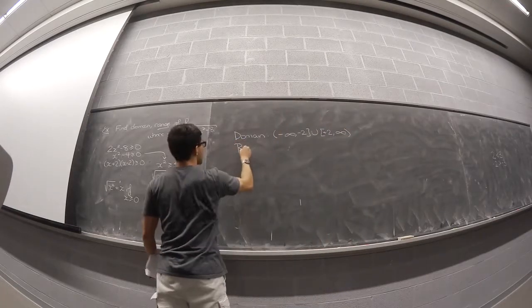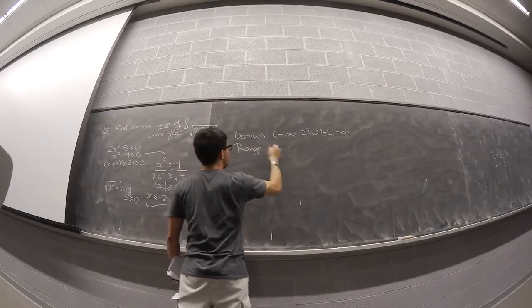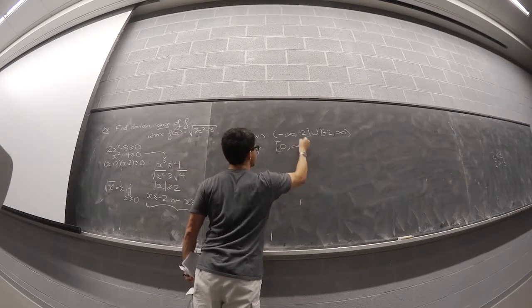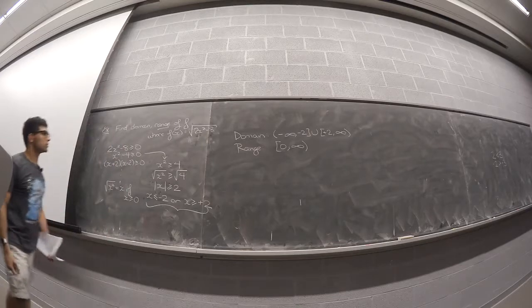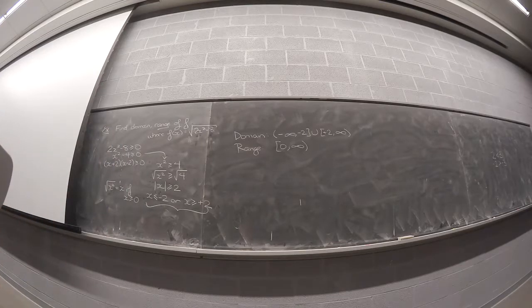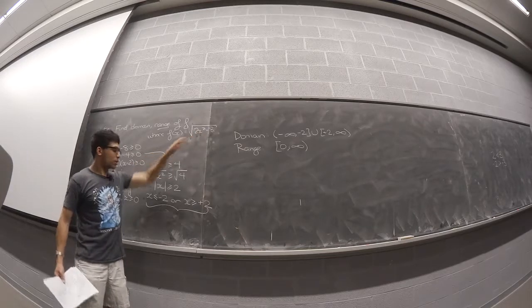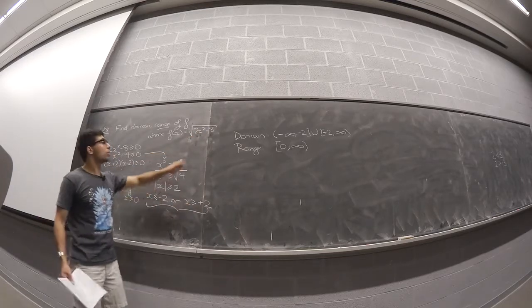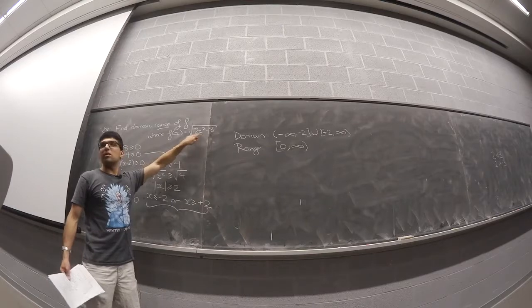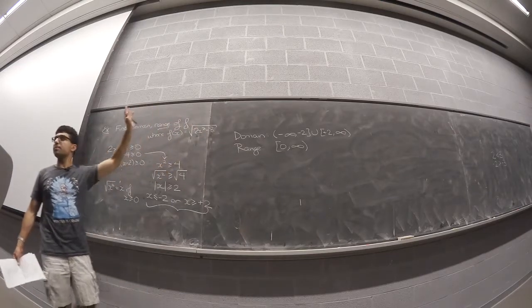And the range is the non-negative reals. Again, because this can't spit out anything less than 0. It does spit out 0, for instance, at these 2 points, and only at these 2 points. And if you put a big enough x in, then you can get anything else you want that's above 0.